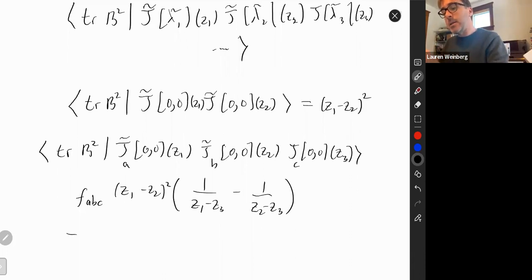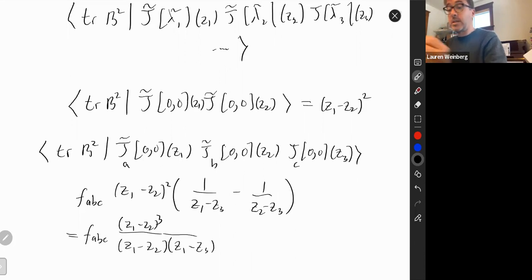And that is equal to f^{abc} squared (z1 minus z2) cubed over (z1 minus z2)(z1 minus z3), which is the Parke-Taylor amplitude. And then we just continue. I don't know if that answers your question, but that's kind of how it works.